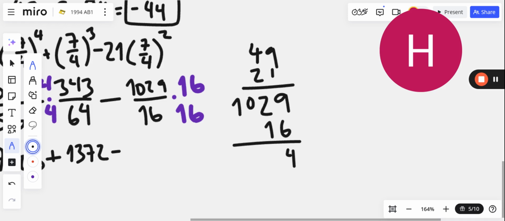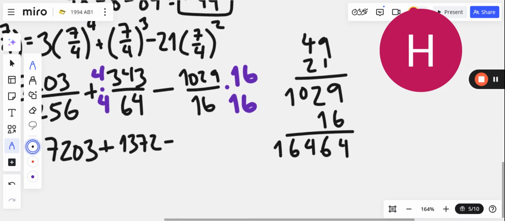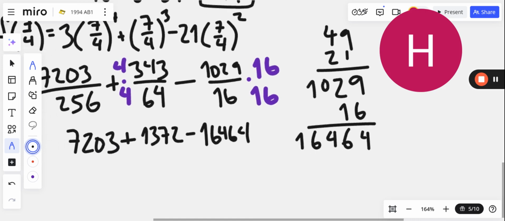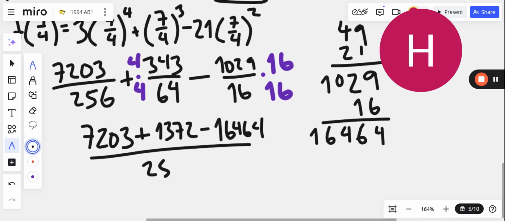So we have 14 plus 12 is 26. Carry the 2. That's going to be 4. That's going to be 6. That's going to be 1. And yeah, I think that's about it. So minus 16,464. This is all over 256.